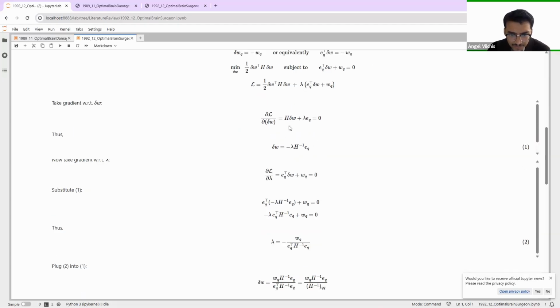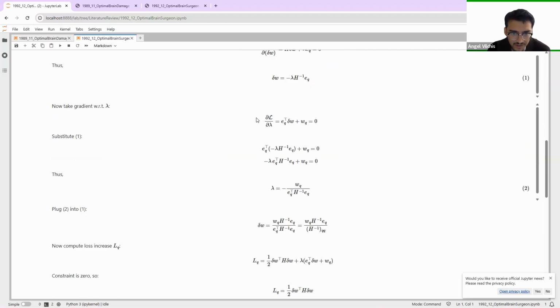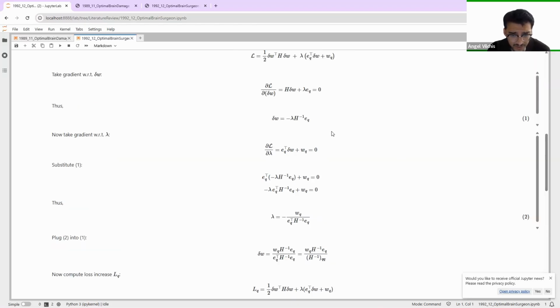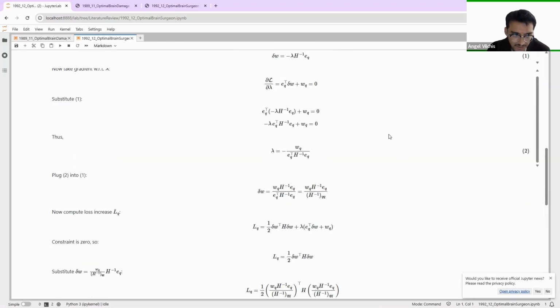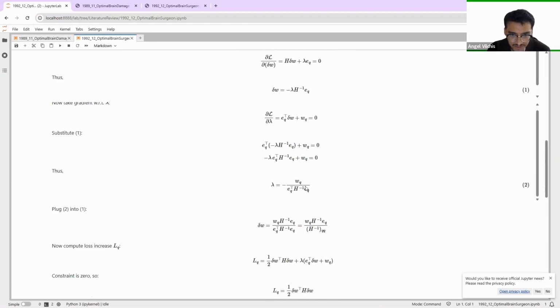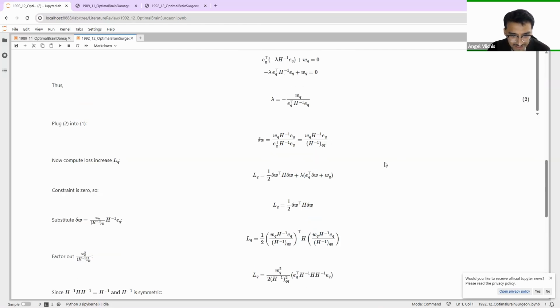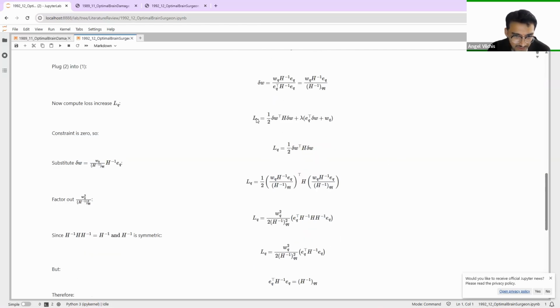We start off with change in W. So this should be equal to 0. Then now we have our change in W. Okay, now we do it with respect to what's called a Lagrange multiplier. It's just this coefficient we added. And we get our Lagrange multiplier's value. Okay, now we just plug in here to here, get this, and it starts to get a little bit complicated, but we'll get to where we want to be.